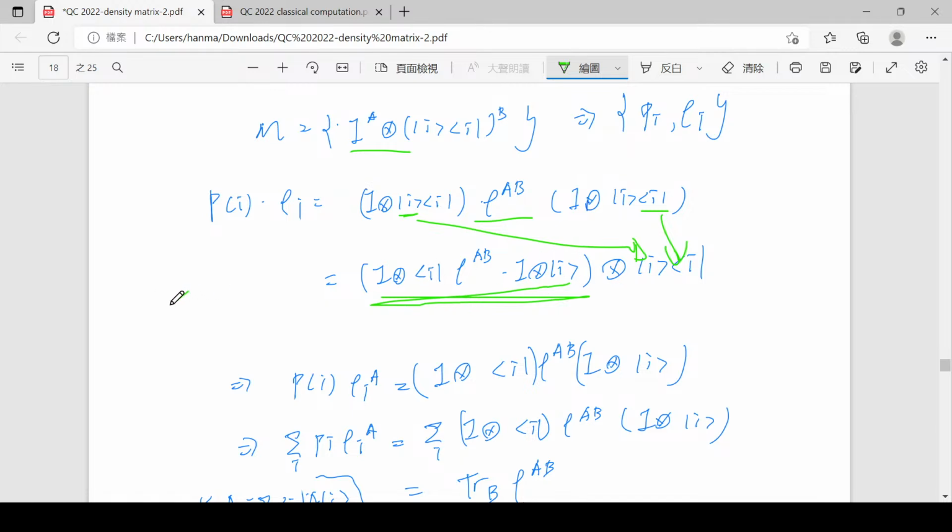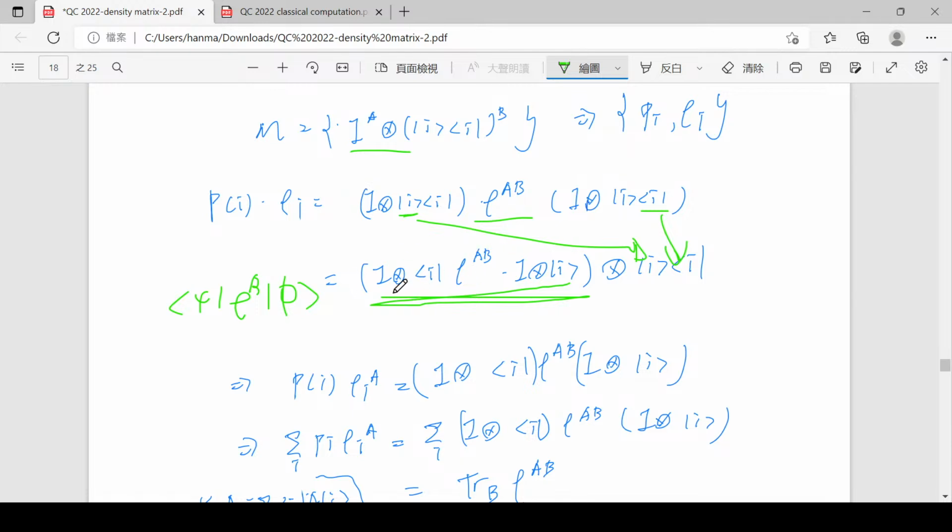So remember, if you take just some matrix rho B, and you sandwich it with some row vector and some column vector, it will become a number.